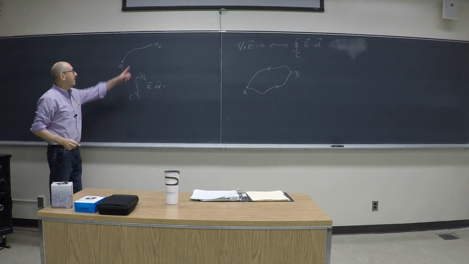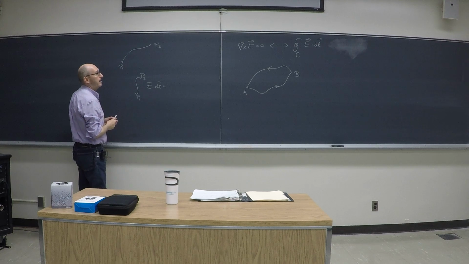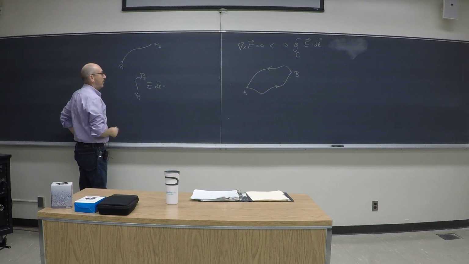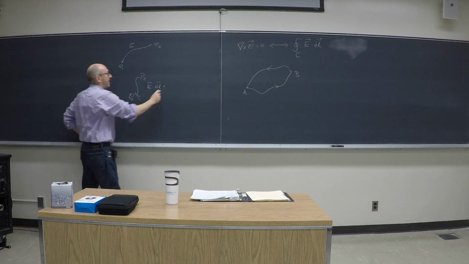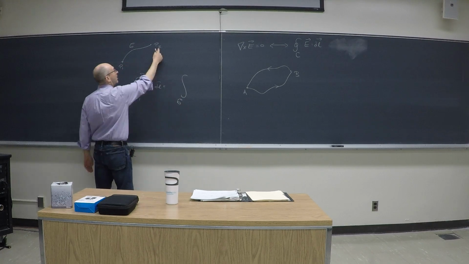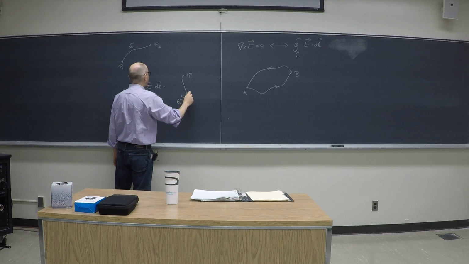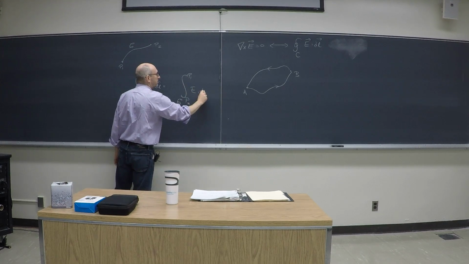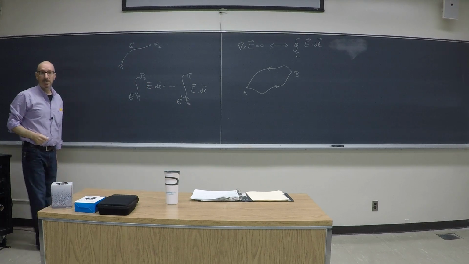Let me call this curve some other letter so that we don't confuse it with that one, let's call it C. If you do the same curve integral, but you go now from P2 to P1, then these two integrals have to be opposite to each other.